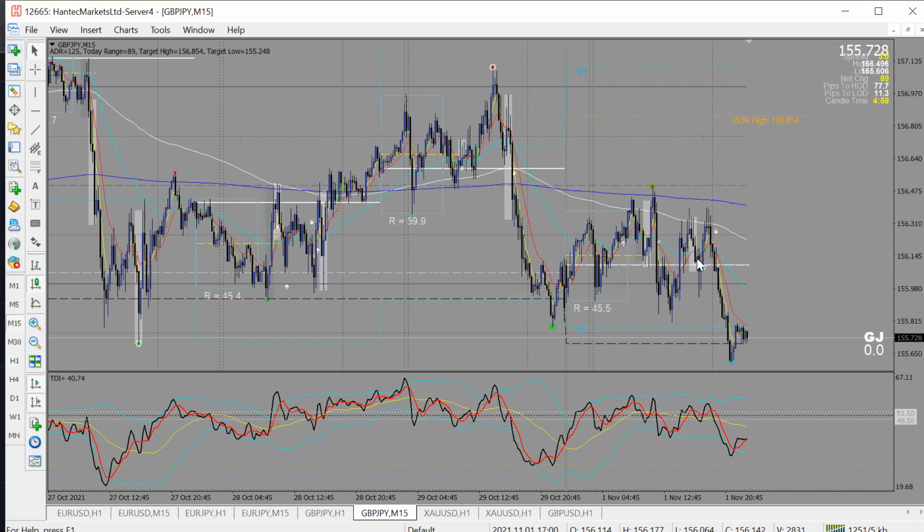Now, how do you know that you have an anchor? Yes, only on M15. It happens on M15.